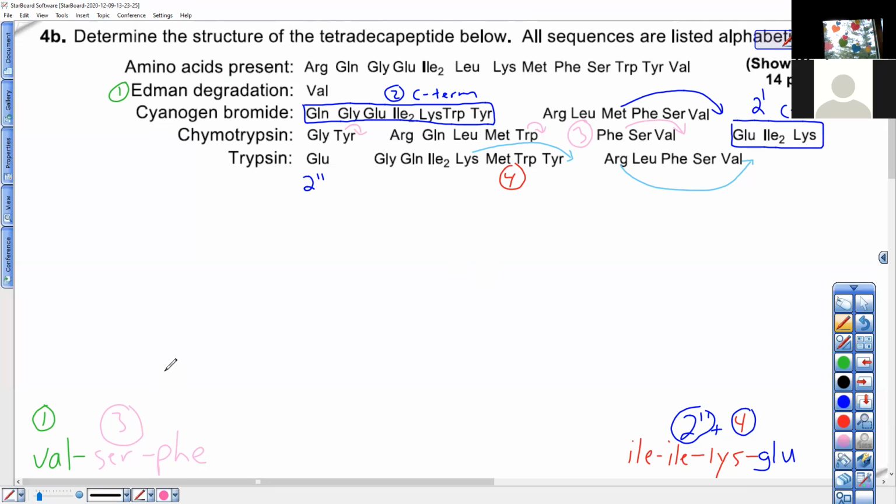Hot pink. Arg is 5th in that sequence. And that only leaves us with Leu. Leu's the only one in these 5 that isn't down here already.